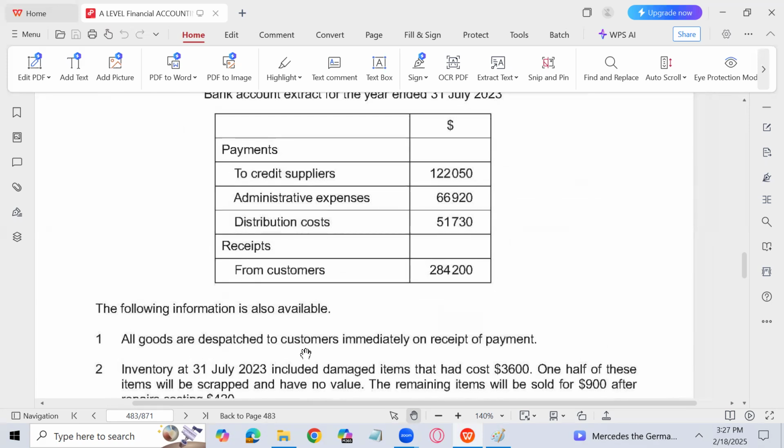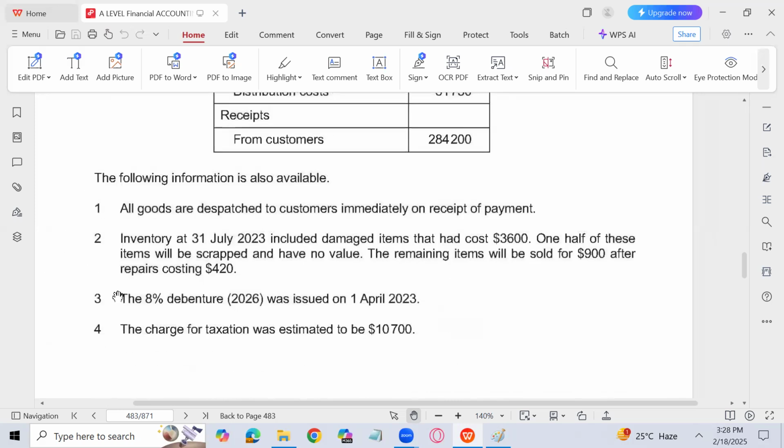All goods are dispatched to customers immediately on receipt of payment. So whatever amount we receive, we dispatch the goods at the time of receipt. You might consider that whatever amount we receive from customers is our total sales, because goods are dispatched immediately on receipt of payment. So we are basically selling almost for cash.